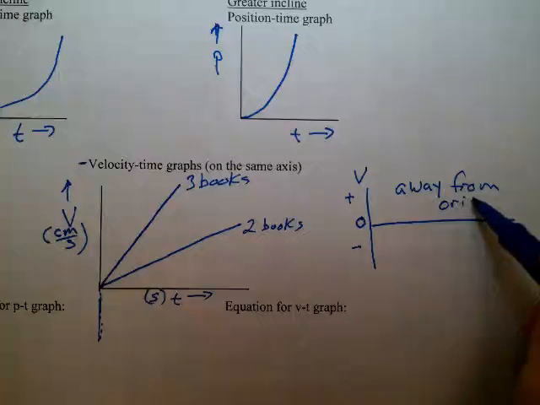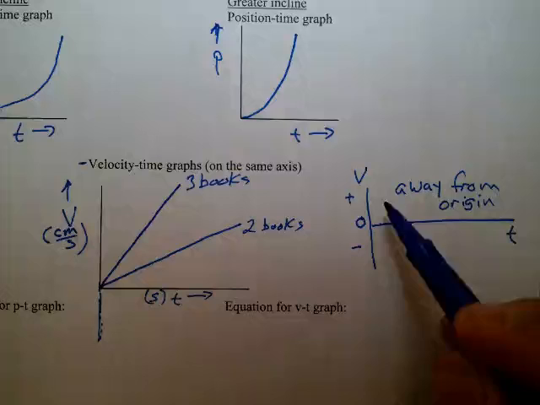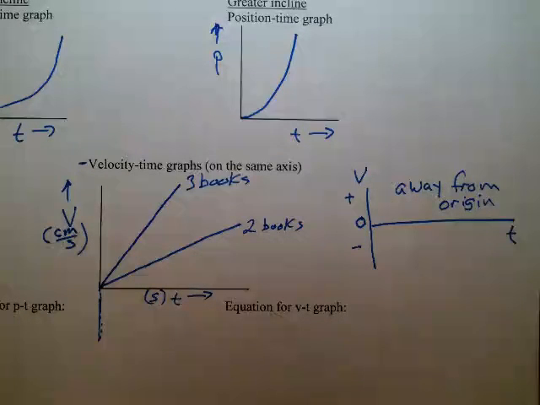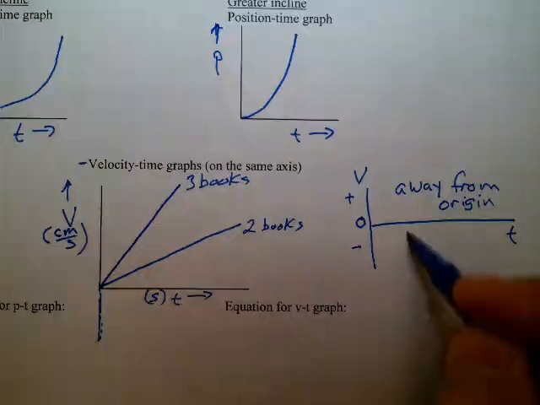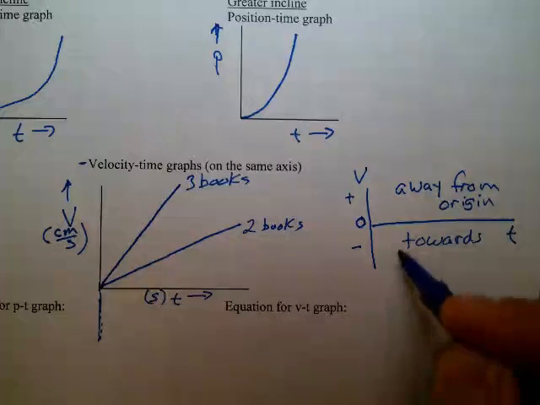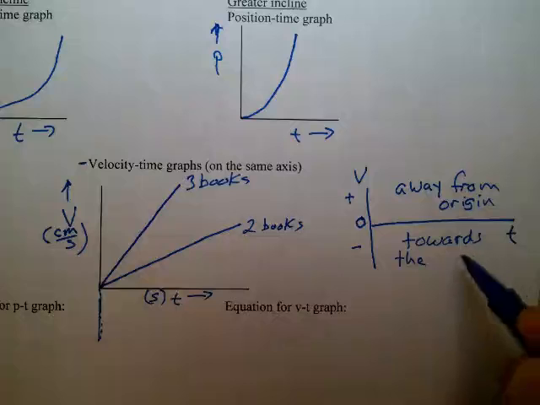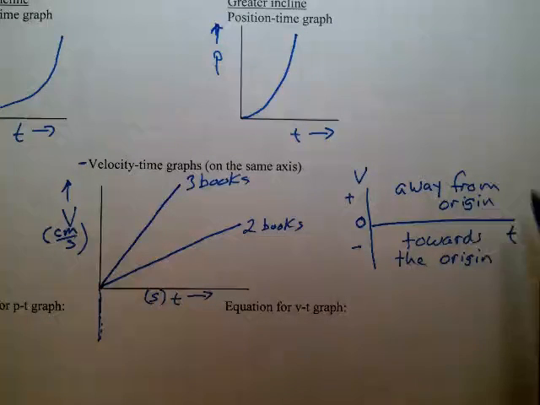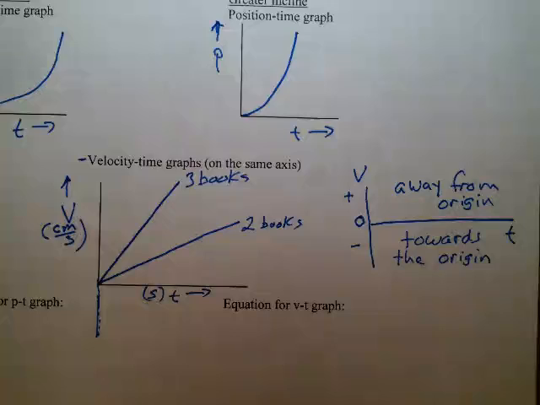So anytime we see a graph line up in here, it means it was moving away from the origin, and down here is towards the origin. And as we move forward using velocity time graphs, this becomes very important. And honestly, if you just remember this, it'll help interpreting velocity time graphs a lot. You'll be very thankful for that.